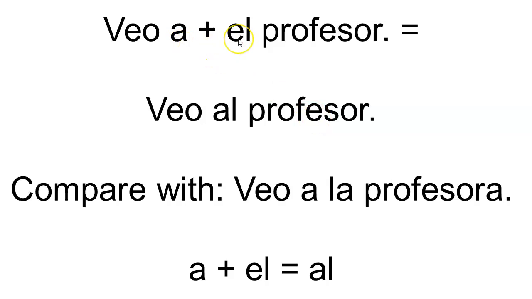So the a and the el combine. You might be tempted to say veo a el profesor, but there's a little rule also that says a and el must combine, or contract. So veo al profesor. Compare with veo a la profesora. A and la do not contract, but a and el do, so we have al. Veo al profesor.